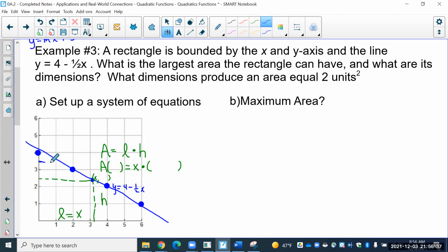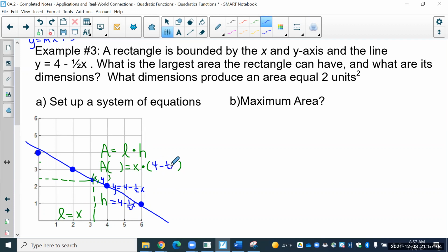Well, if my rectangle was over here, wouldn't it still be touching the line? It's bounded by this, meaning it touches it. Even if my rectangle is over here, it's still intersecting the line. So if I input an x of unknown length, I'm always going to go up until I intersect the y value, which is actually this equation. So the h is the y, and the h is equal to 4 minus 1/2 x, which is what I'm going to put here.